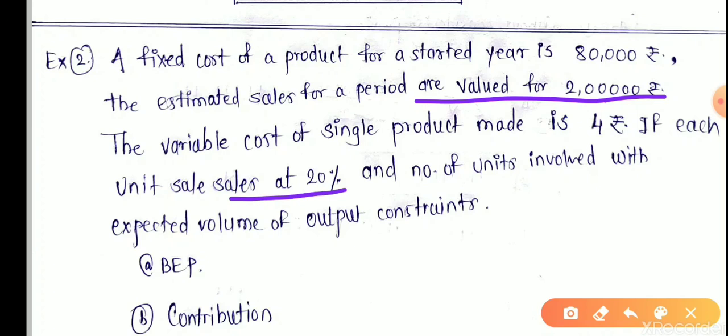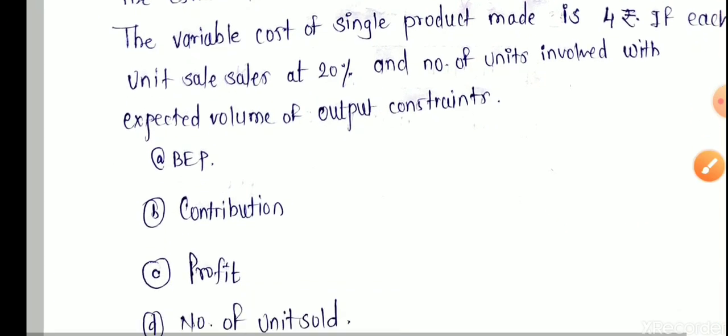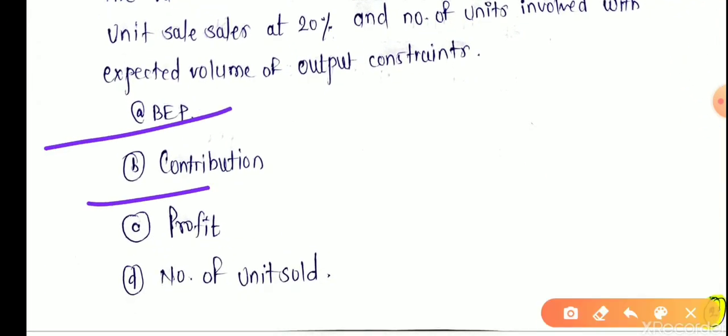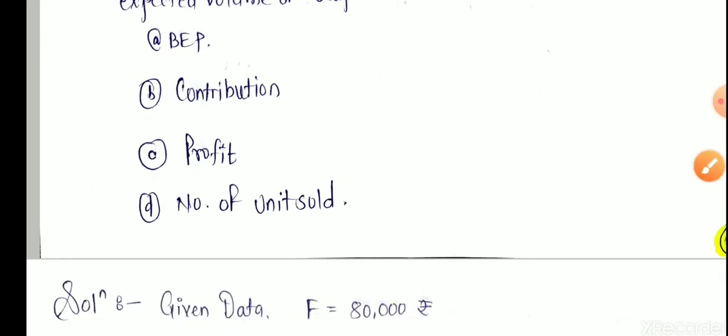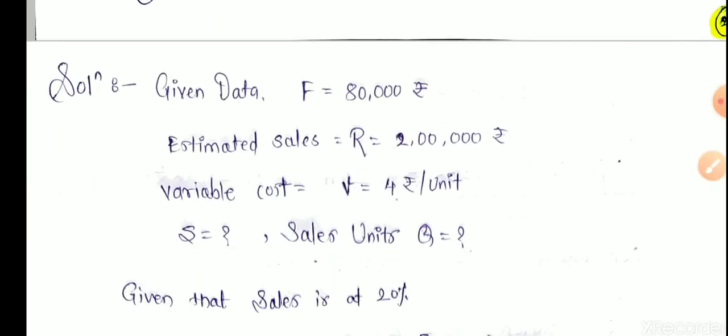After getting this sale of 2 lakh, this 2 lakh includes 20% profit. Are you getting this? Now let's see what they have asked. They ask for the break-even point, contribution, profit, and number of units sold. It is a very basic and easy problem.